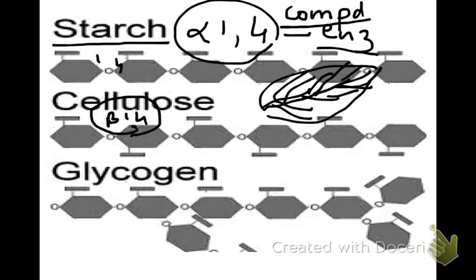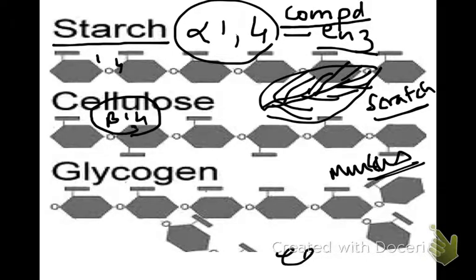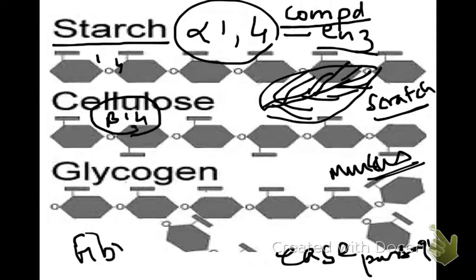It is able to scratch the insides of your intestine, force it to secrete mucus, and so it can ease the passage of the waste. Okay, and that is fiber for you.